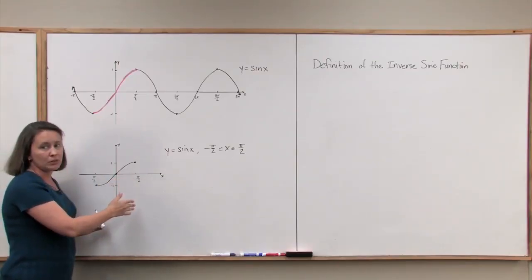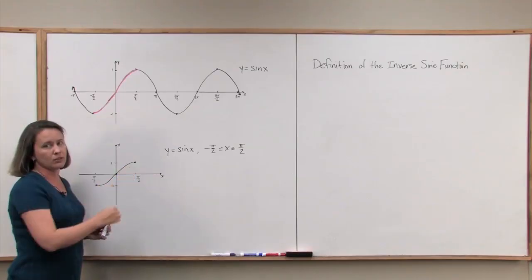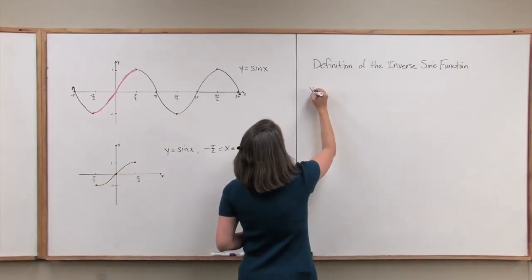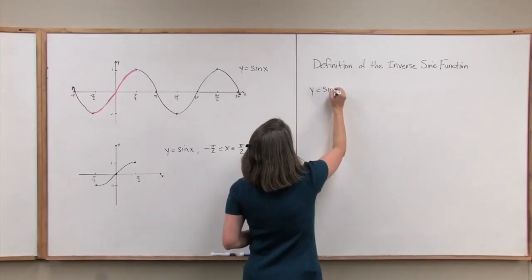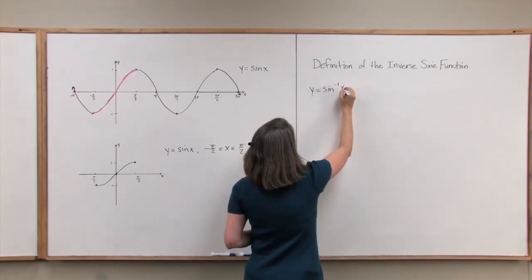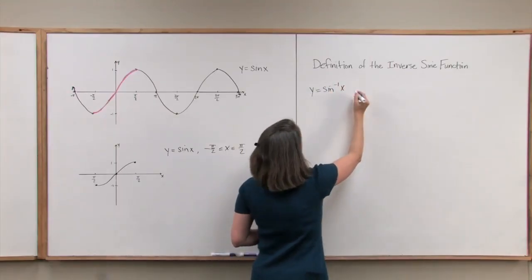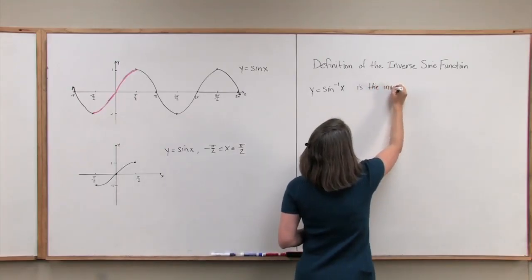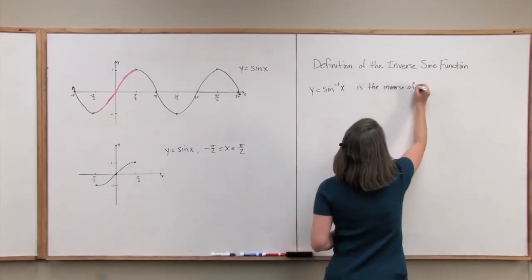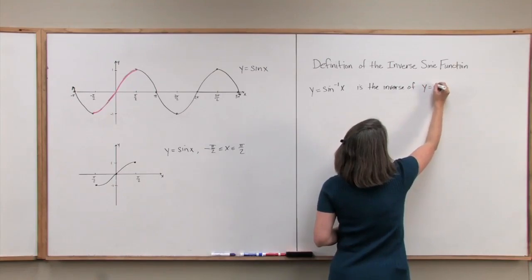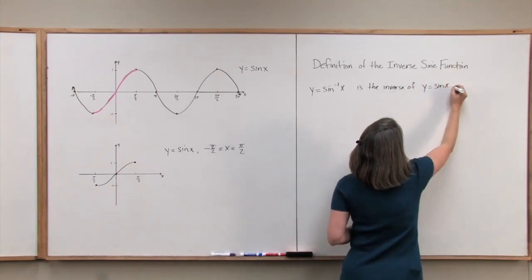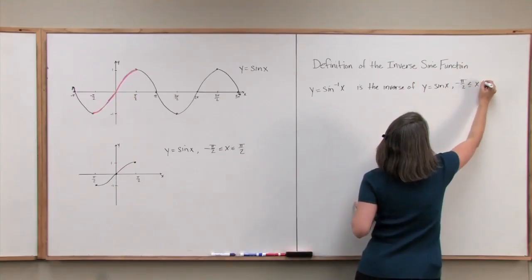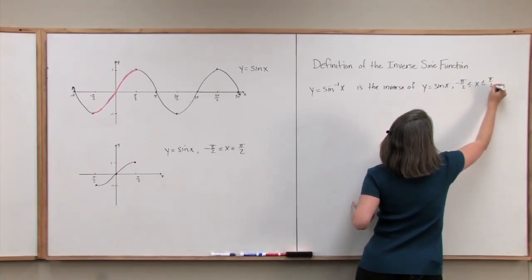Since we have a one-to-one piece, we're ready to define our inverse sine function. So y equals the inverse sine of x is the inverse of our function y equals sine of x for -π/2 less than or equal to x less than or equal to π/2.